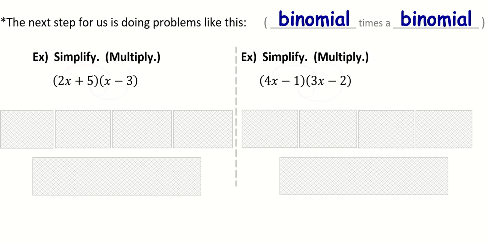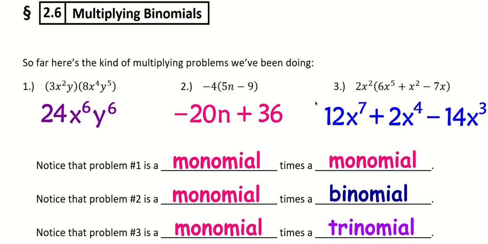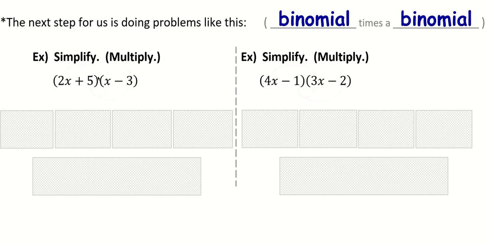probably a good way to view this is as we build from this stuff, right? This entire bubble is being multiplied to this other entire bubble. These two binomials are being multiplied together. So think of it this way. If there was just a 5 out in front of this x minus 3, being multiplied to the x minus 3, you would distribute it, right?